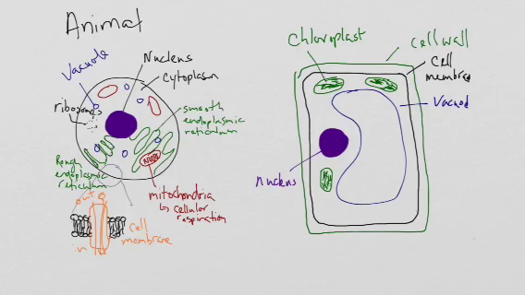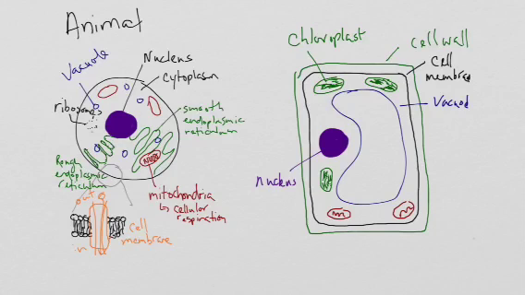The chloroplast has chlorophyll inside it, and it's the chlorophyll that uses the sun's rays, the water from the earth and the carbon dioxide from the air to make sugar through photosynthesis. It's that sugar that the mitochondria uses to make energy for the cell. So the cell is able to make its own food with the help of chloroplasts.